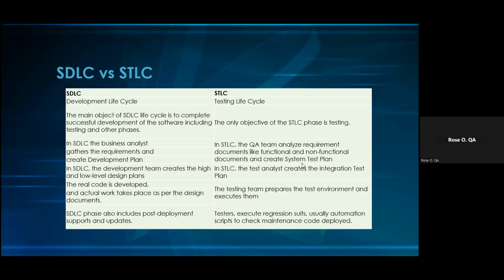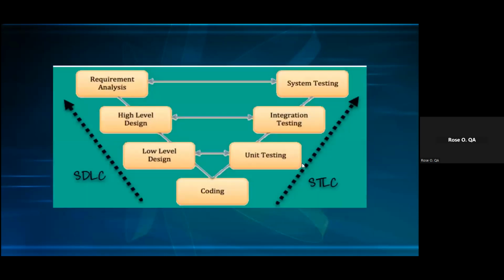The SDLC phase also includes post-deployment support and updates. Testers execute regression suites, usually automation scripts, to check maintenance code deployed. What I did here is just for you to know where we are all starting from to go to each of the phases.